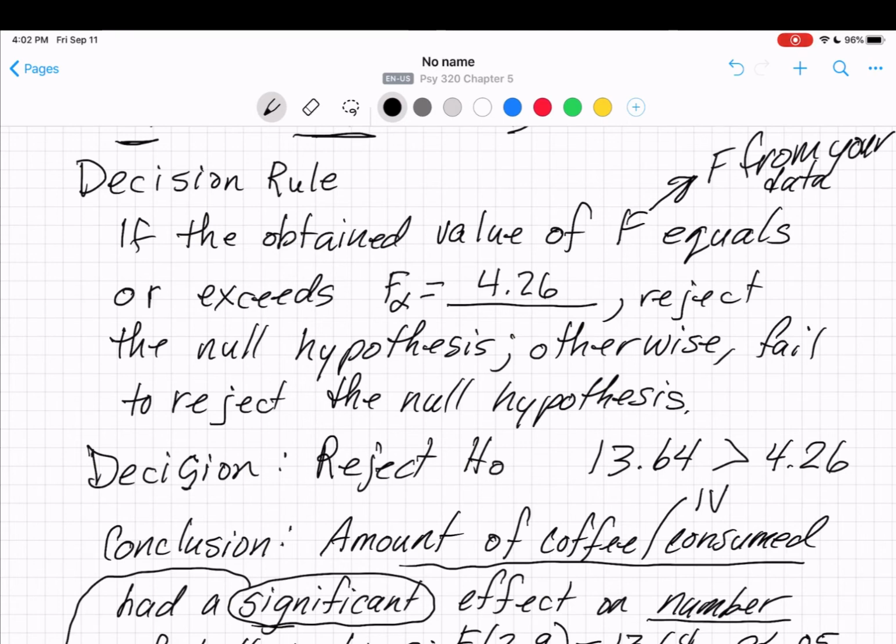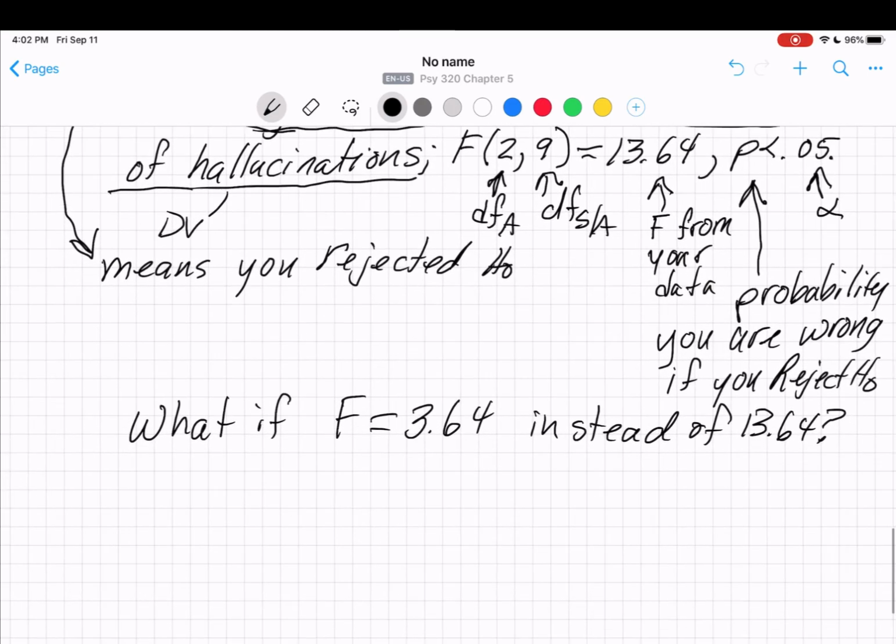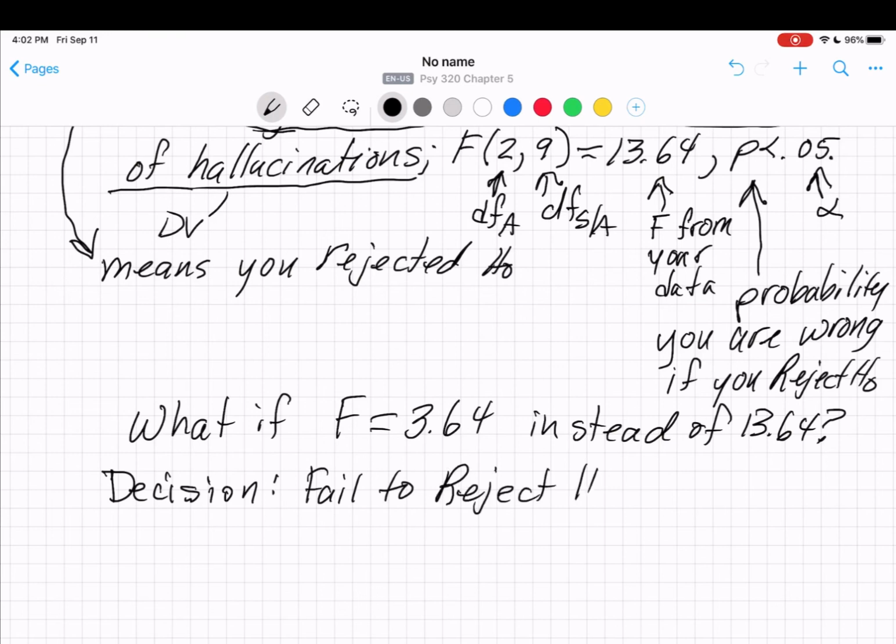But 3.64 is less than 4.26, so it falls into the otherwise part, and we would fail to reject the null hypothesis. So our decision would be to fail to reject the null hypothesis, because even though this F value is bigger than 1, and there's still some support for the idea that we have a treatment effect, it's not reaching that level of significance.